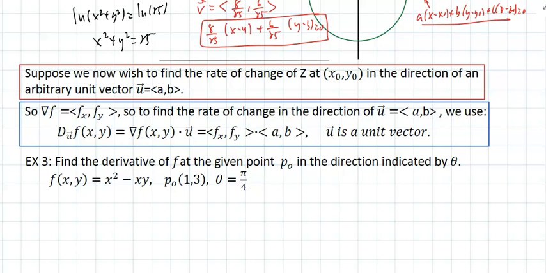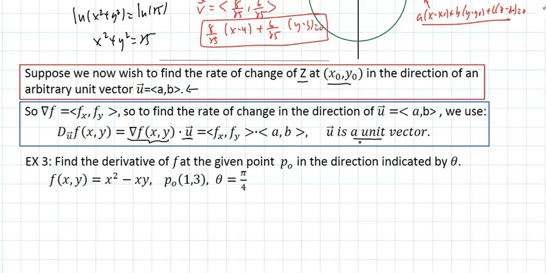Now, suppose we wish to find the rate of change of z equals f of x, y at some point in the direction of an arbitrary vector AB. Well, we take the gradient, which is our derivative, and we dot it with a unit vector.